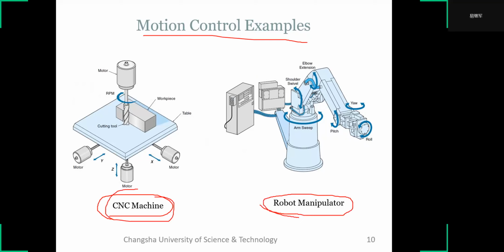We need to control the end of the manipulator and get the right displacement and the right speed.